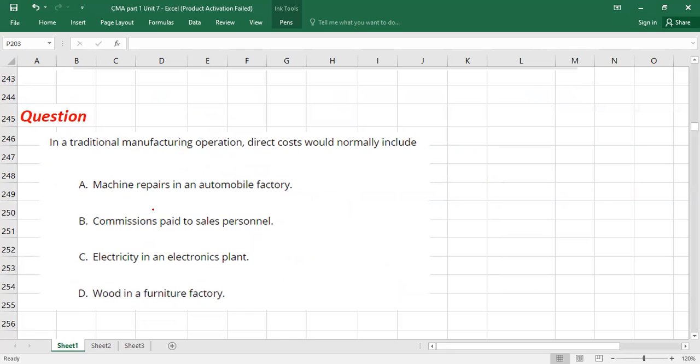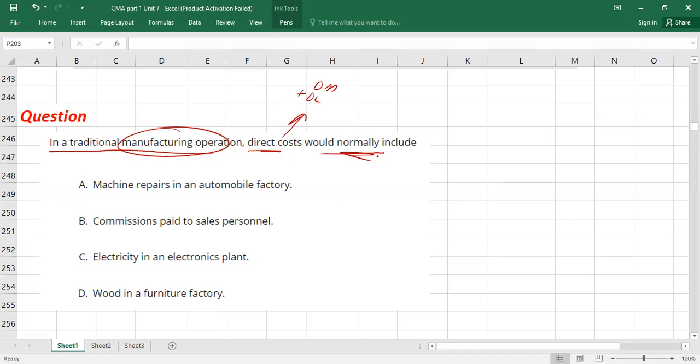I'm going to ask you, in a traditional manufacturing operation, direct cost: I told you direct material plus what? Direct labor. These are called direct cost, and these are mostly traceable to the cost object. Direct cost would normally include, in manufacturing operations, you have to tell what is the direct cost.